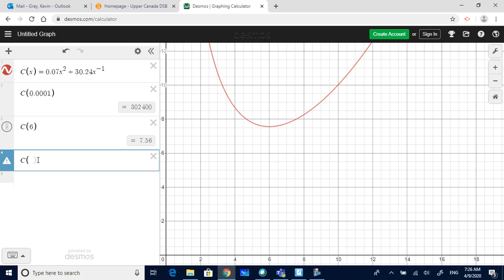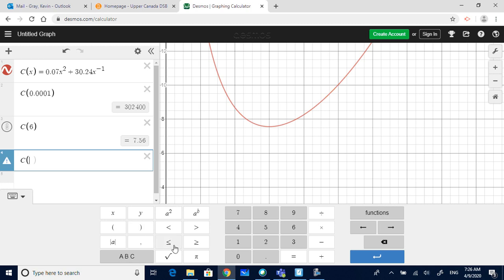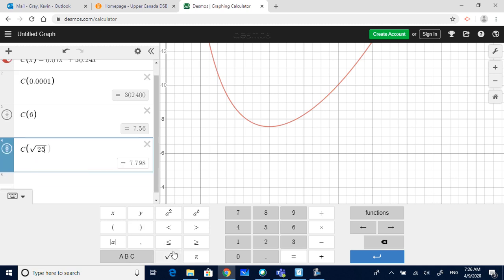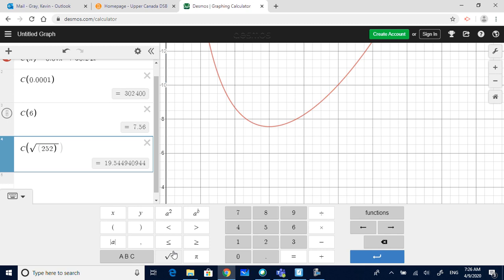I know I rounded it to 15.87, but the square root of 252 is 15.875, and the cost there is 19.549. I'm going to write these down, rounding that to 19.55.